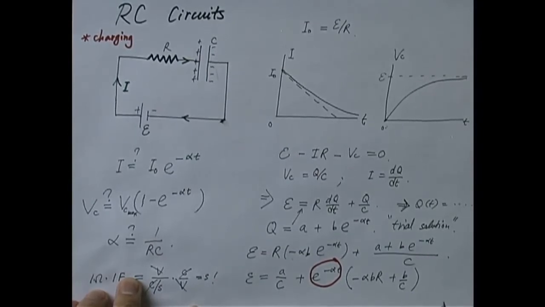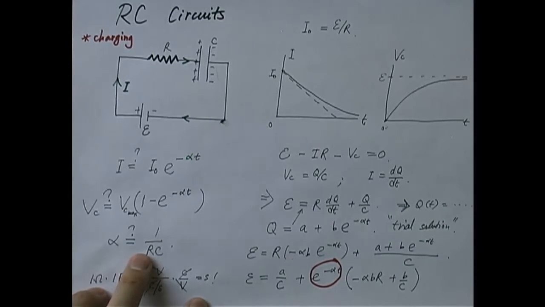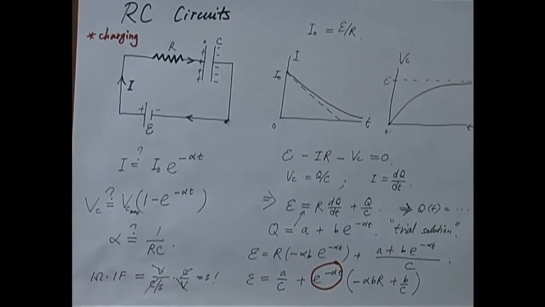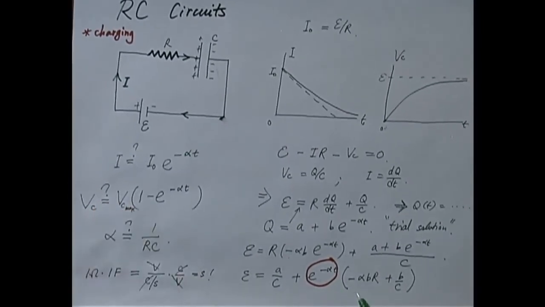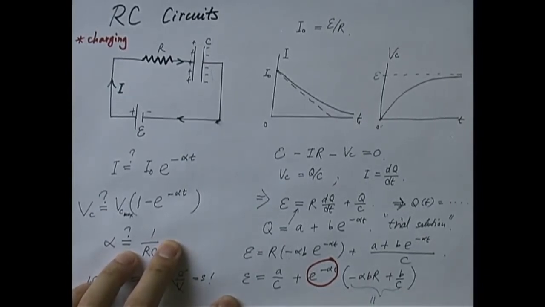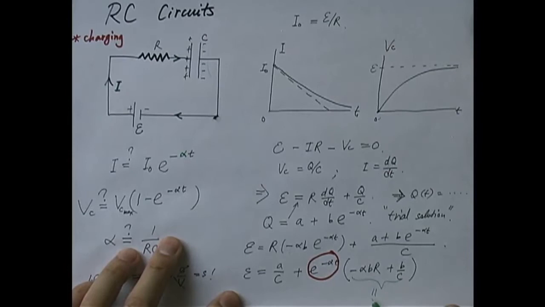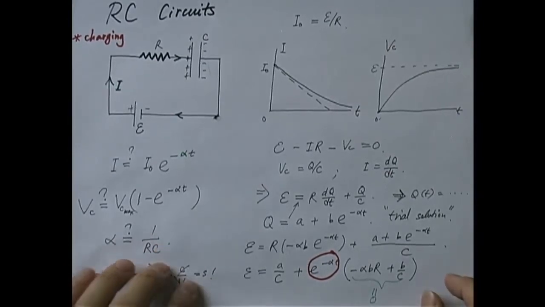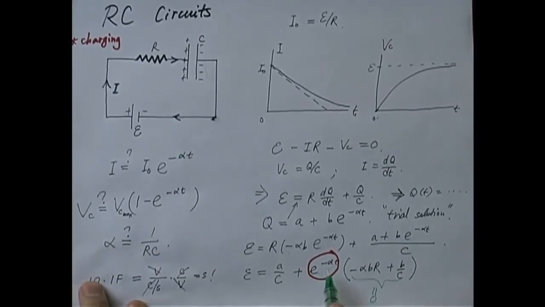It's just wrong. Except if this time variable term does not really exist. In other words, it is equal to 0. When this is equal to 0, I don't care about the e to the negative alpha t, however it changes, because this whole thing is 0. So you don't have that at all. But if that is 0, that only leaves epsilon equals a over c.